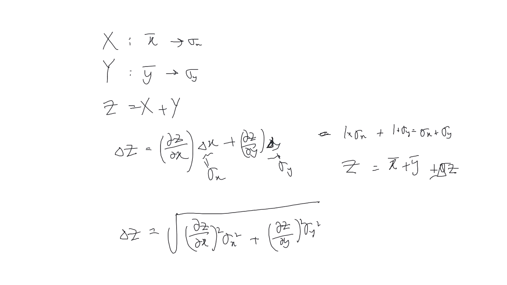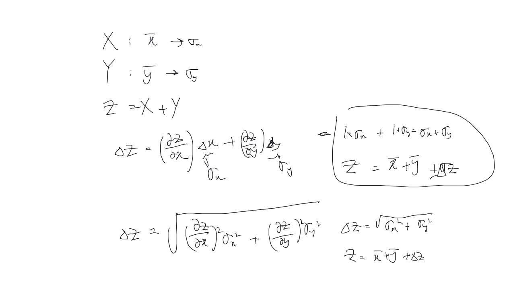And then this one, Δz is the square root of sigma x squared plus sigma y squared. Okay, so z is x plus y plus or minus Δz. So you will get two different answers.